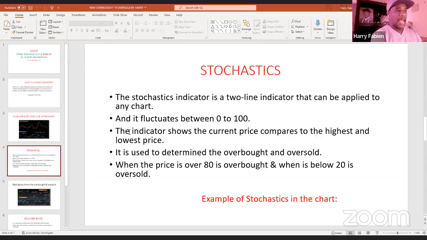The indicator shows the current price compared to the highest and lowest price. It is used to determine overbought and oversold. As I said before, when the price is over 80, it is overbought.